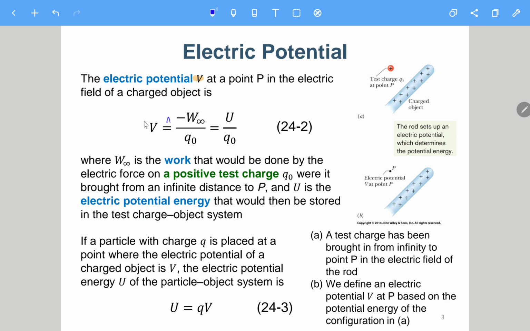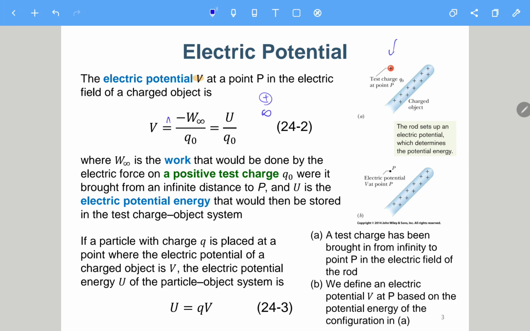So it means that W infinity is the work that would be done by the electric force on a positive test charge Q0, where it is brought from infinite distance to P, which means that originally this test charge, we place it infinitely far away.